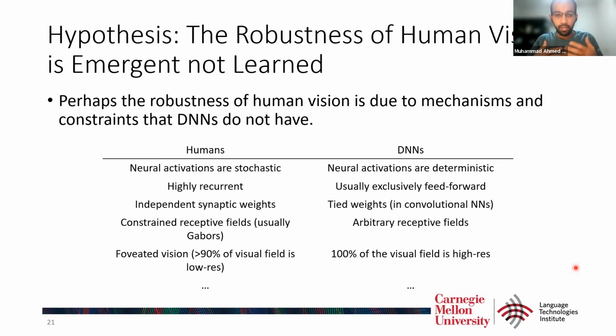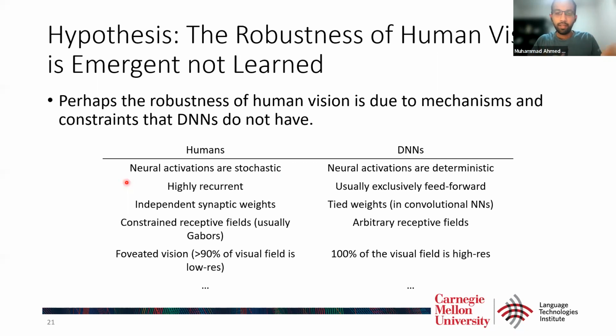And perhaps that's due to the fact that there are certain mechanisms and constraints that we as humans, or generally animals, have in their vision, but DNNs do not. For one, the activations of biological neurons are stochastic, whereas the activations of artificial neurons in deep neural networks are deterministic. Secondly, the neural network inside animal brains is highly recurrent.